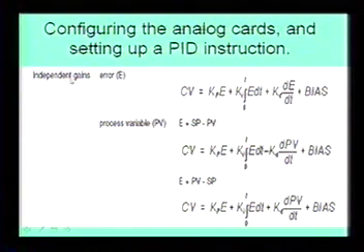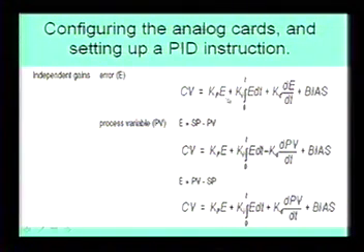If you go to independent gains, the error E equals set point minus process variable. And then here you've got error E, and the control variable CV equals KP, the gain, times the error, plus KI, the integral value, times the integral of your error, plus KD, your derivative.